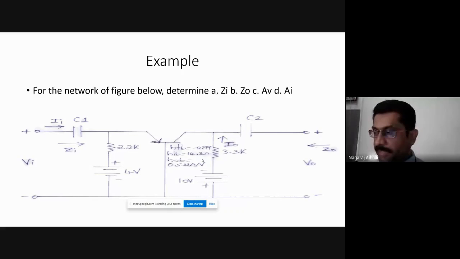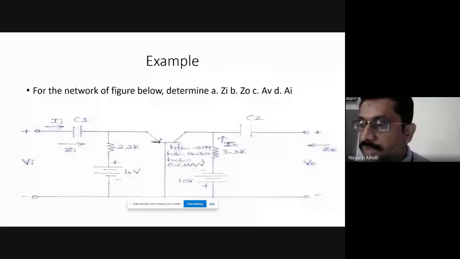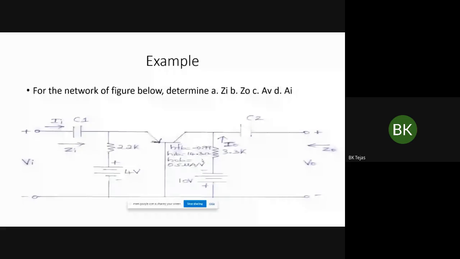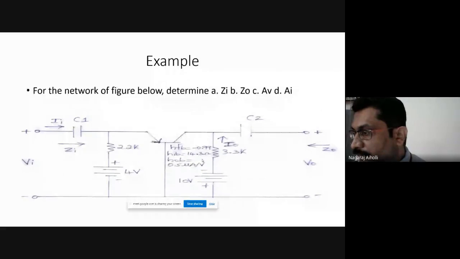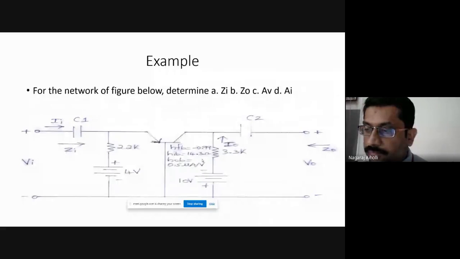How much are you getting? 2.2K parallel 14.3 ohms, what is the answer? Suraya Banu? Tejas? How much are you getting? Vivek?